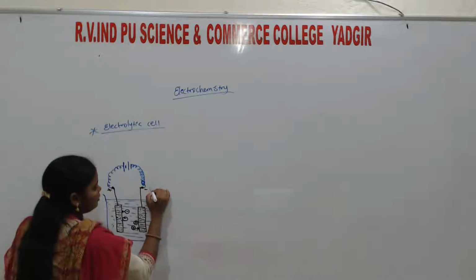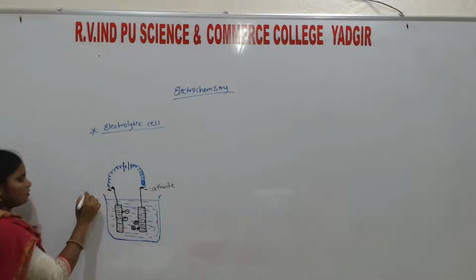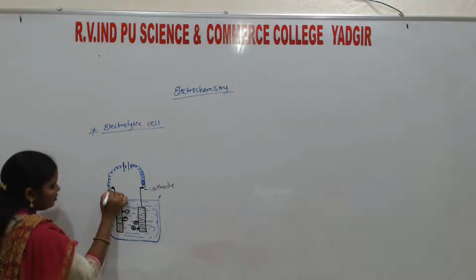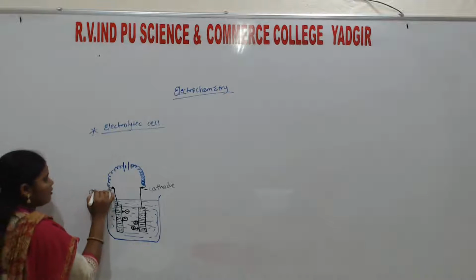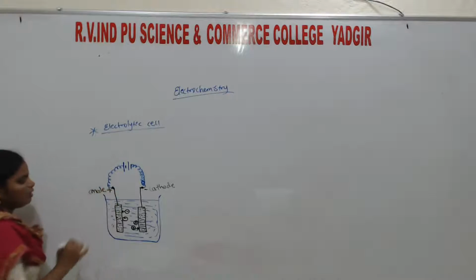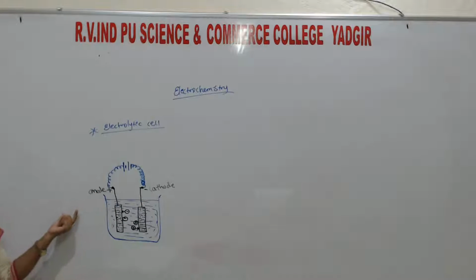Here this is a cathode and this is an anode. This is a positive charge. This is an anode. Okay, this end is a cathode and this end is an anode.